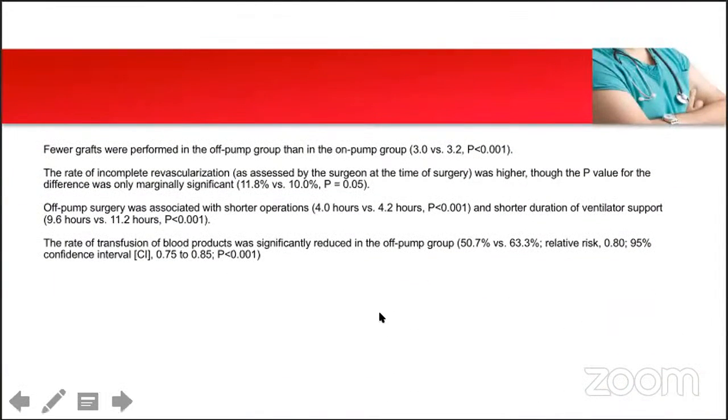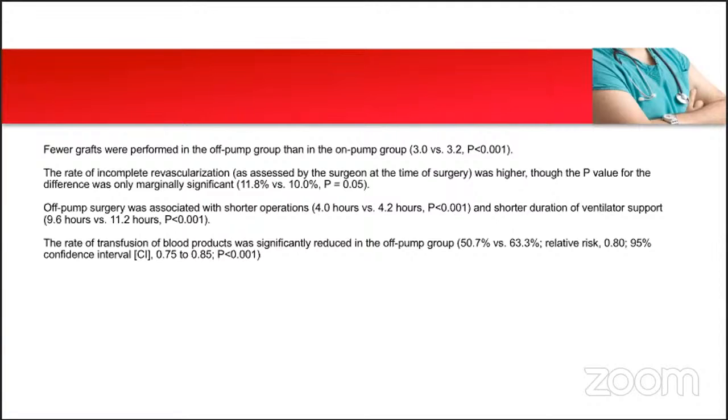Fewer grafts were performed in the off-pump CABG than in the on-pump CABG, 3 versus 3.2, with a p-value of less than 0.001. The rate of incomplete revascularization as assessed by the surgeon at the time of surgery was higher, though the p-value for the difference was only marginally significant, 0.05.